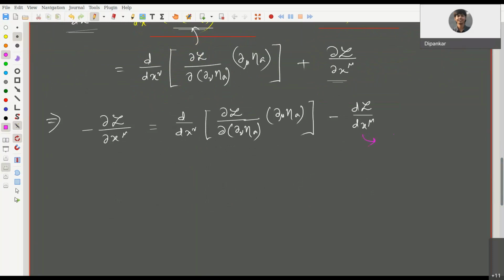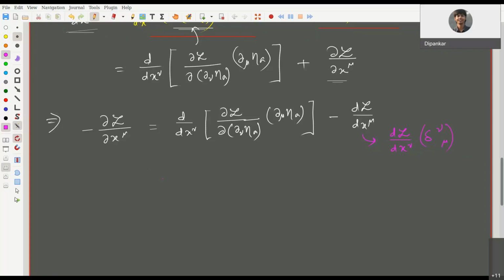So I'm going to write the second term in a bit more fancy way. So this dL dx mu is basically, let's say, dL dx nu times delta. This is a covariant index, so I have contravariant index, so delta nu mu. Okay, so this nu and nu contracted gives me just mu, so I can write it as dL dx mu minus delta nu mu.